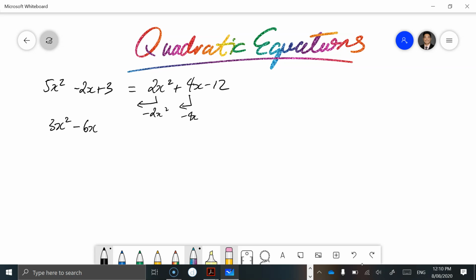And then we're going to add 12, because this is a negative 12, to counteract that. So 3 plus 12 becomes 15. Then we've got this equation where we have 3x squared minus 6x plus 15 equals 0.